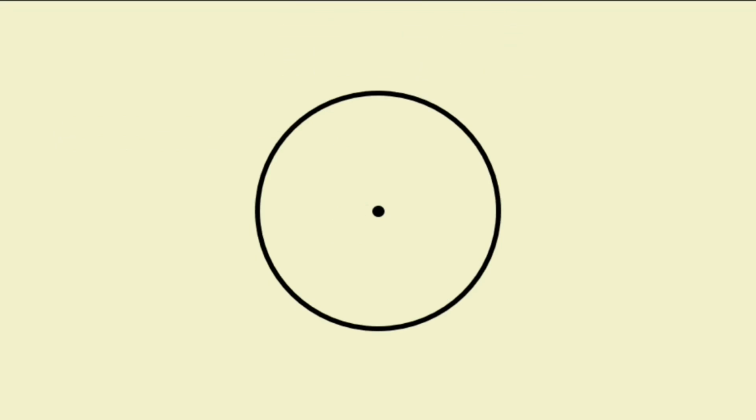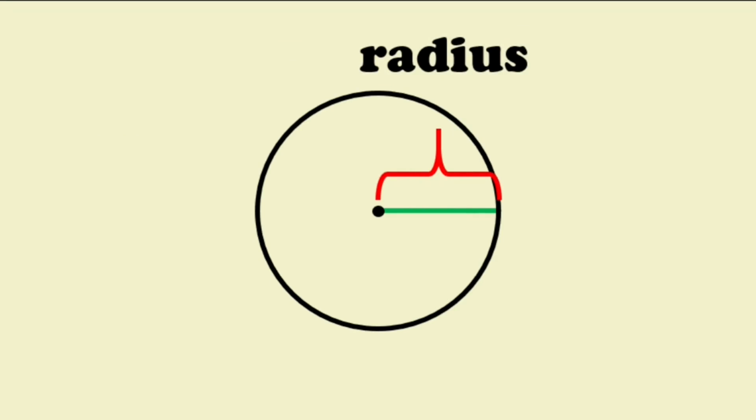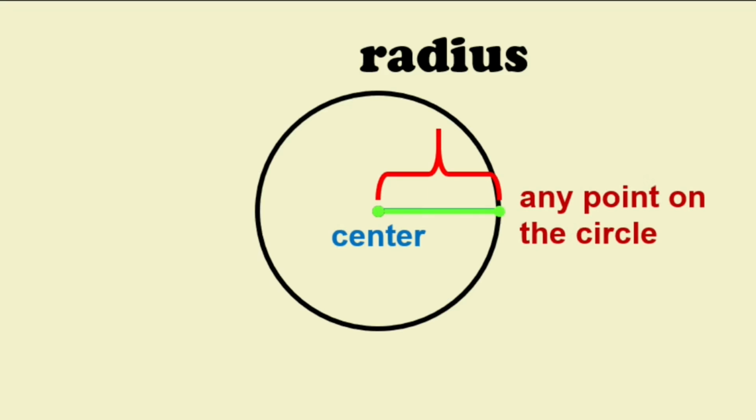Now, we have the distance that we use to draw all the equidistant points from the center. This distance is called the radius. Radius is the distance from the center to any point on the perimeter of the circle.